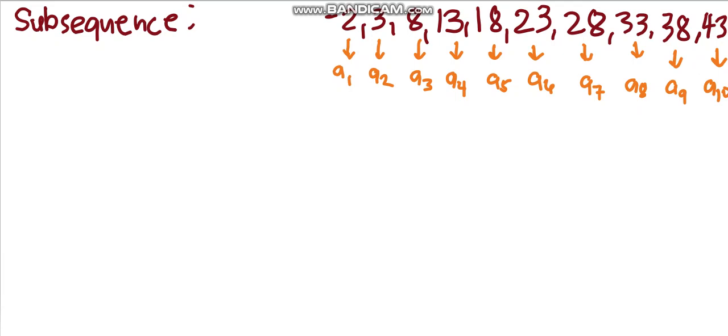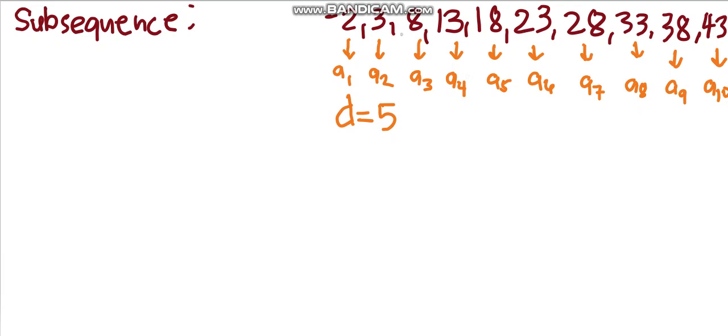Now, observe from this sequence that our D is 5, right? 3 minus -2 is 5, 8 minus 3 is 5, 13 minus 8 is 5, 18 minus 13 is 5, 23 minus 18 is 5, and so on.